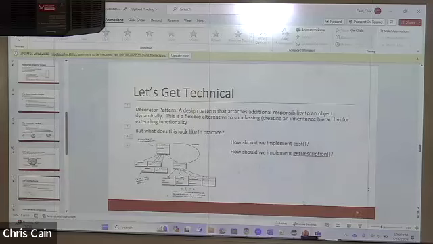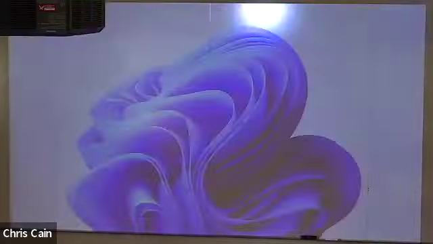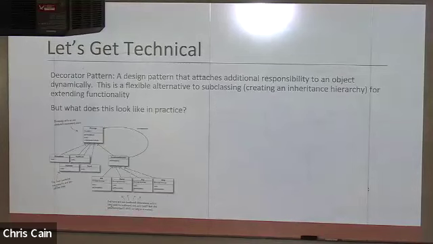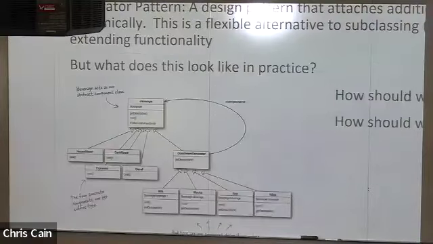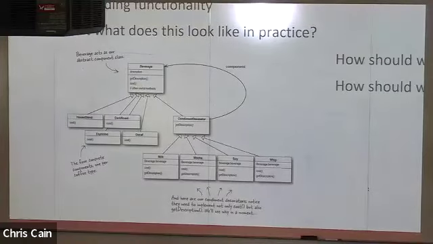So we then looked at the full UML for the decorator pattern that looked something like this. So we ended up with beverages. A beverage is an abstract class. We could have concrete classes that were the house blend or the dark roast or the espresso or the decaf.